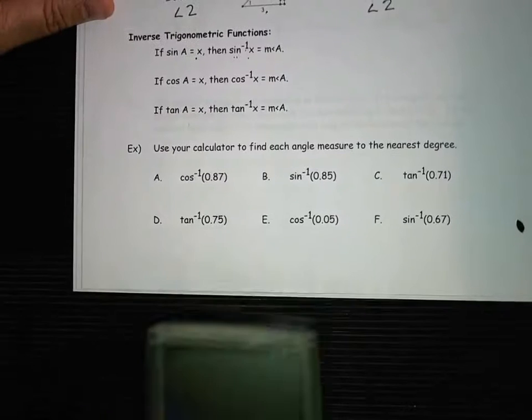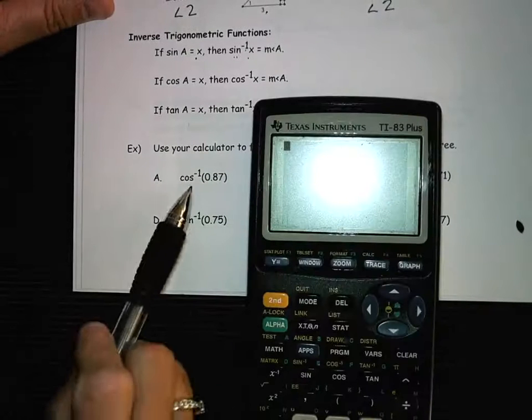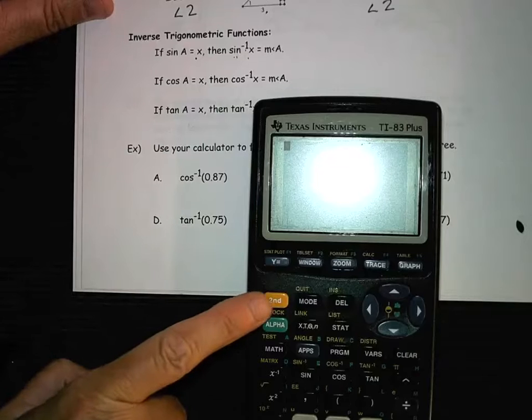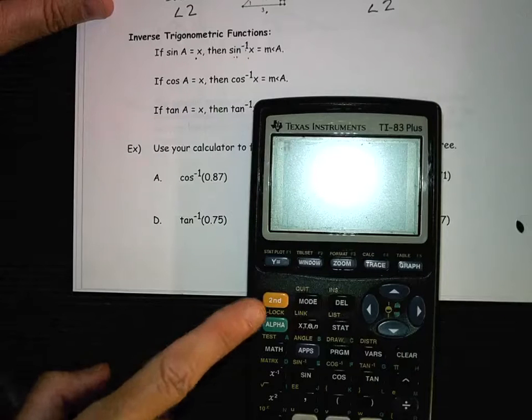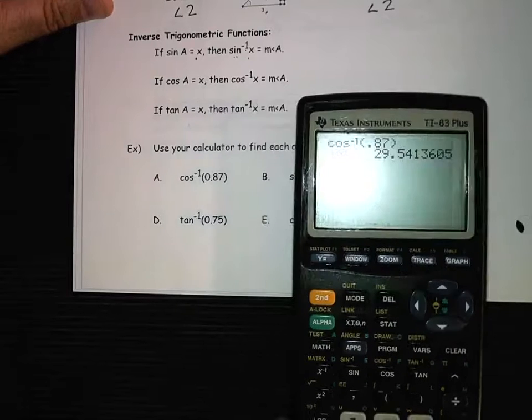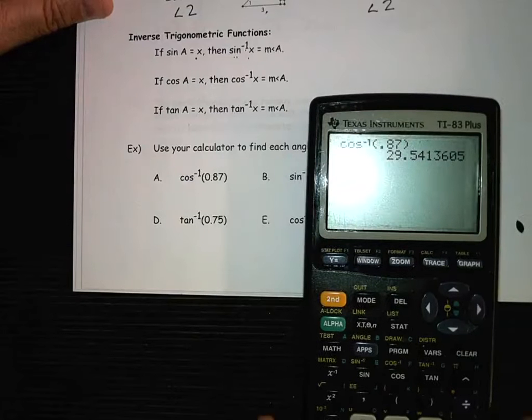The first one they ask us to do is the inverse cosine of 0.87. You hit the second key, then cosine, and then enter 0.87. When you do that, you end up with 29.5.